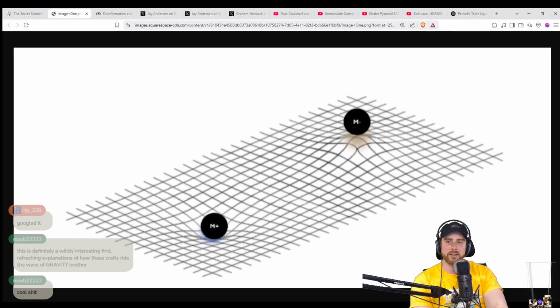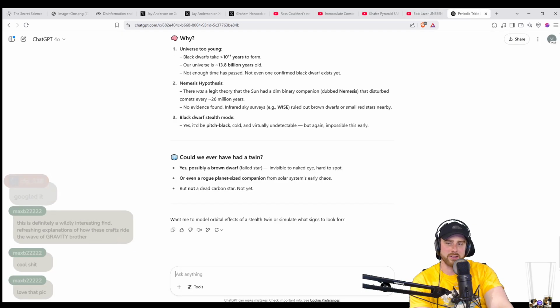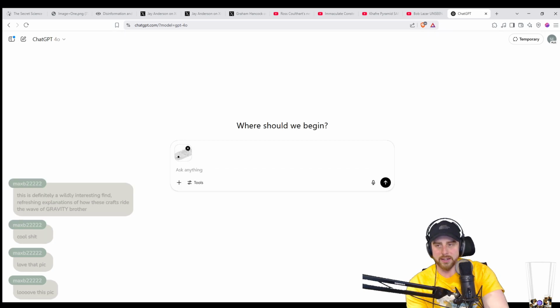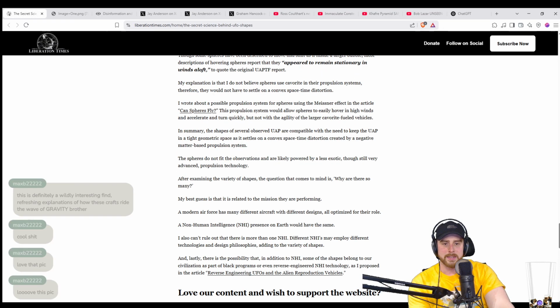So you could hypothetically. Again, this is not something you want to feed in the ChatGPT because it really can't do stuff like this. But what did he call it again? A negative mass generator.